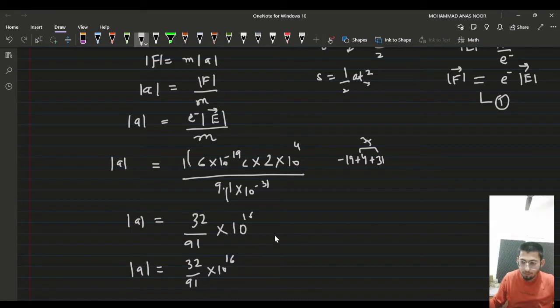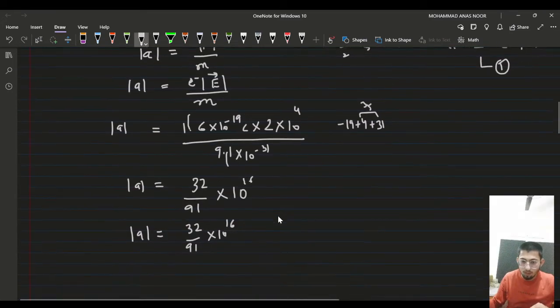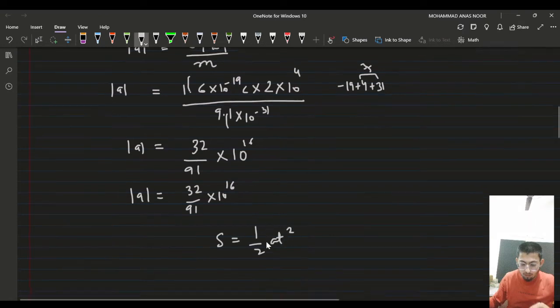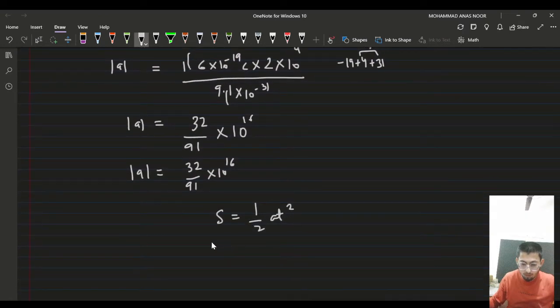Now you need to find what? t. So in order to find t, you need to use s is equal to half at square, because u is 0, that's why the first term goes to 0. s is 0.015 meters. Half into this a, you can substitute here, 32 by 91 into 10 to the power 16 into t square.